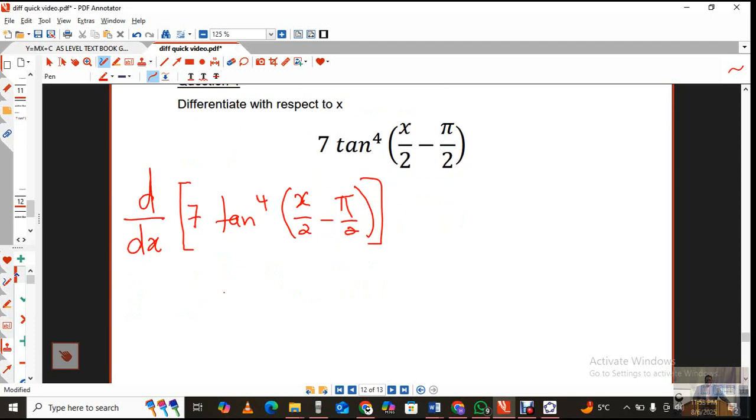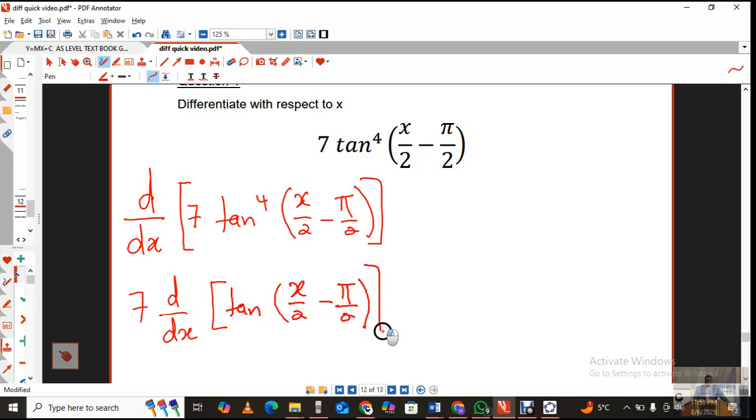You can just take it out and say whatever this is going to be, it's going to be 7 multiplied by d by dx of this tan. But now I'm going to write it like so. Where the 4 is, I'm going to put the 4 over there. It means exactly the same thing.